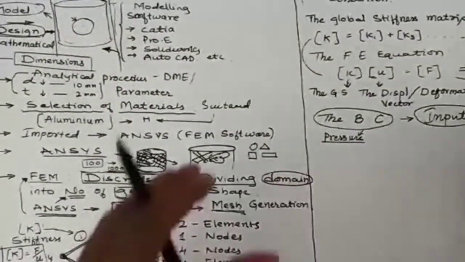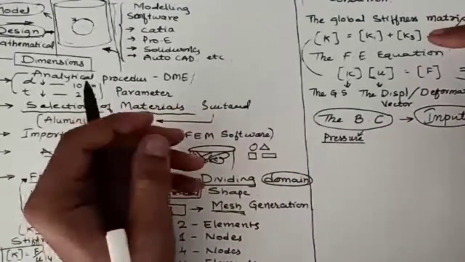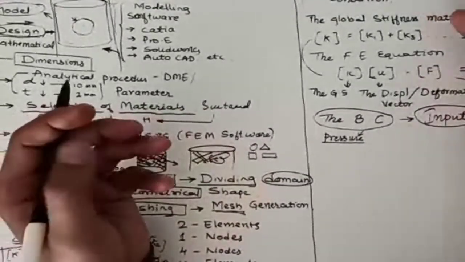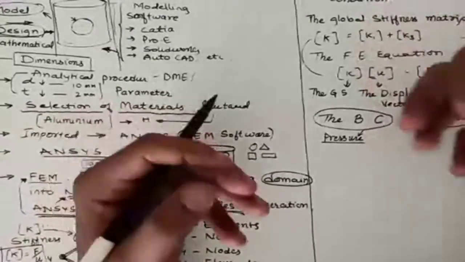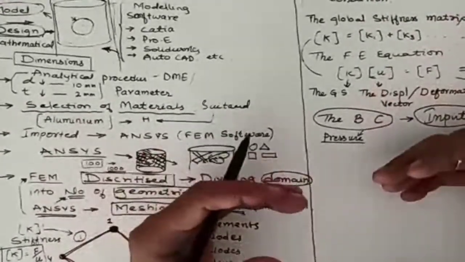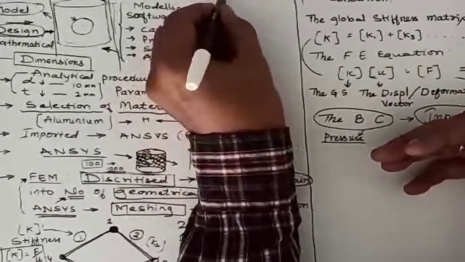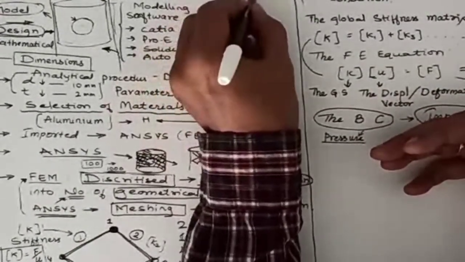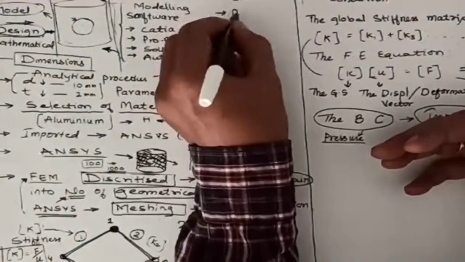Because in FEM software you need to apply the load, it cannot take it manually. You have to give the values so that it can be analyzed in a static condition, or it can be analyzed in the dynamic.